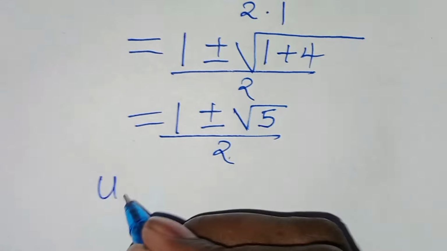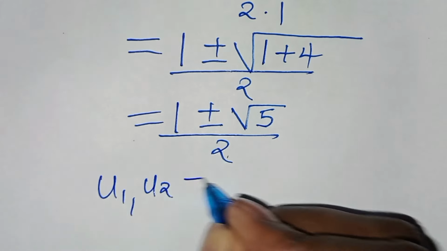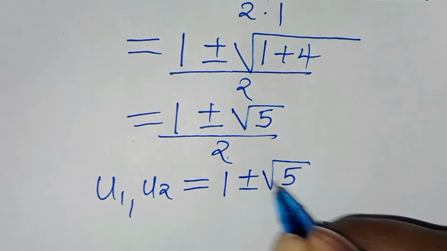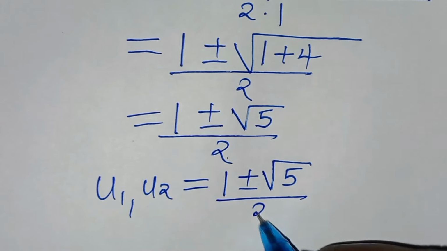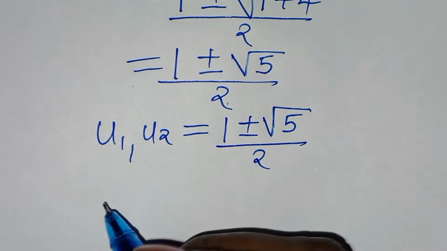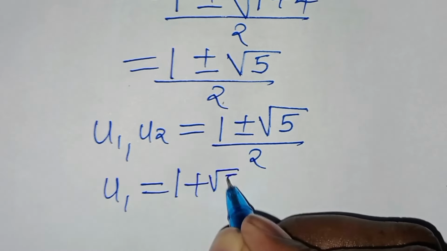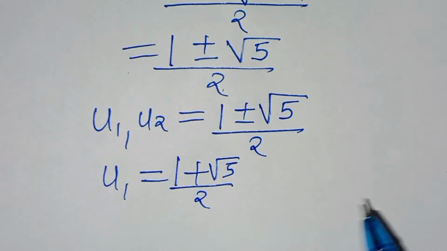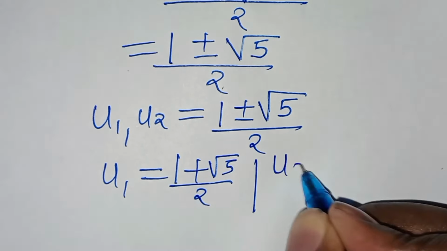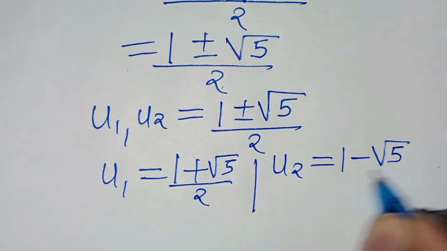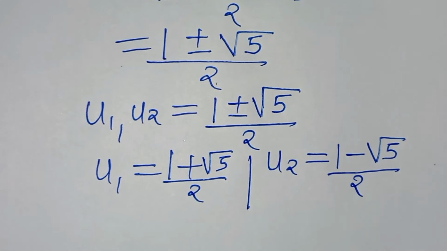So we have u1, u2, this is equal to 1 plus or minus the square root of 5 divided by 2. So in this case we have u1 equal to 1 plus square root of 5 divided by 2, and u2 is equal to 1 minus square root of 5 divided by 2.